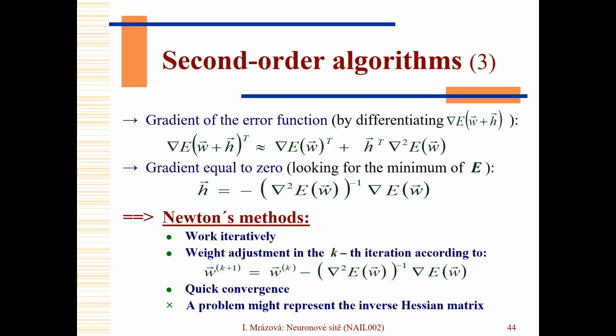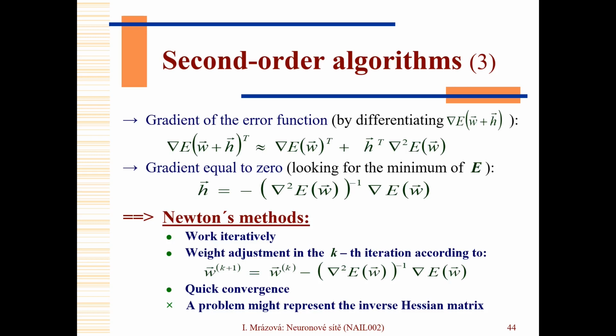So step h would then correspond to the term minus the inverse of the Hessian matrix times the gradient of the error function capital E at the point w. Anyway, this would be in an ideal case where we would be able to determine the inverse Hessian matrix, and that the approximation that we used by means of the Taylor series would be an adequate one.